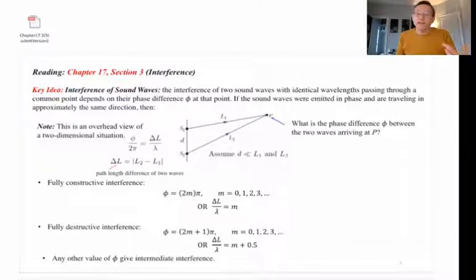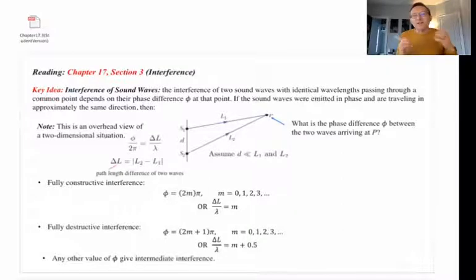And there we were looking specifically at two waves on a stretched string at the same time. And we found that you could get a range of outcomes for the net wave that you would observe when you had the two waves on the same string.